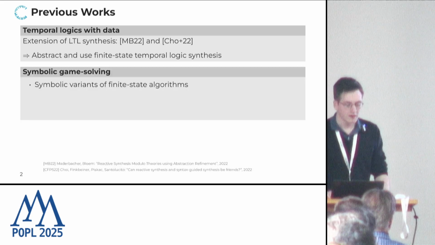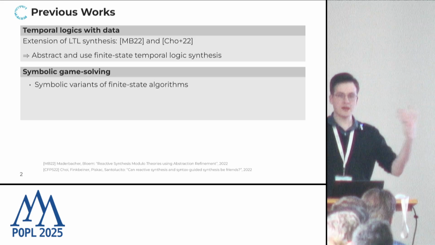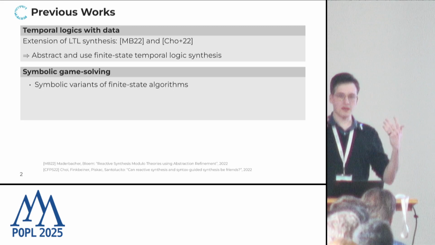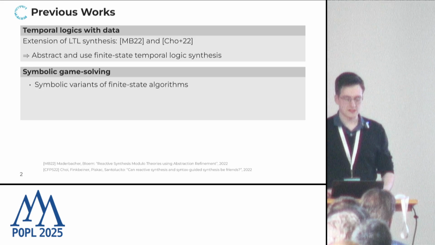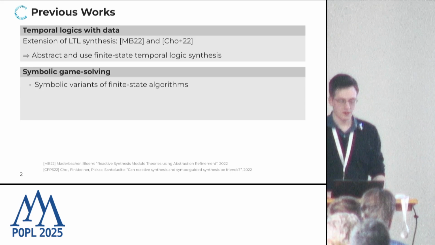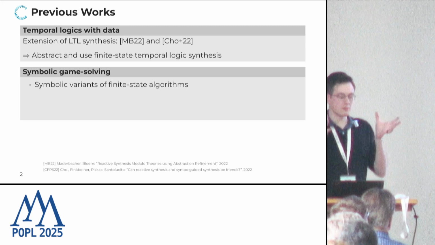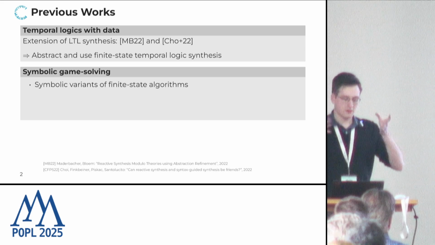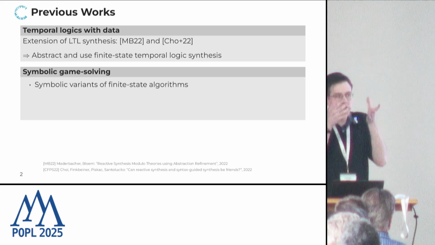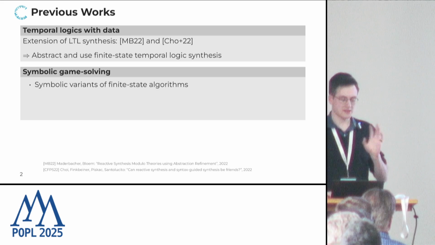Similarly, there have been ways of doing symbolic game solving, where you take the finite state game solving algorithm and lift it symbolically to work also in the infinite state setting, to handle the data symbolically. However, both of these approaches have the problem that they lift the finite state problem to the infinite state problem. And in an infinite state problem you have phenomena that you don't really have in the finite state. So this can be limited.